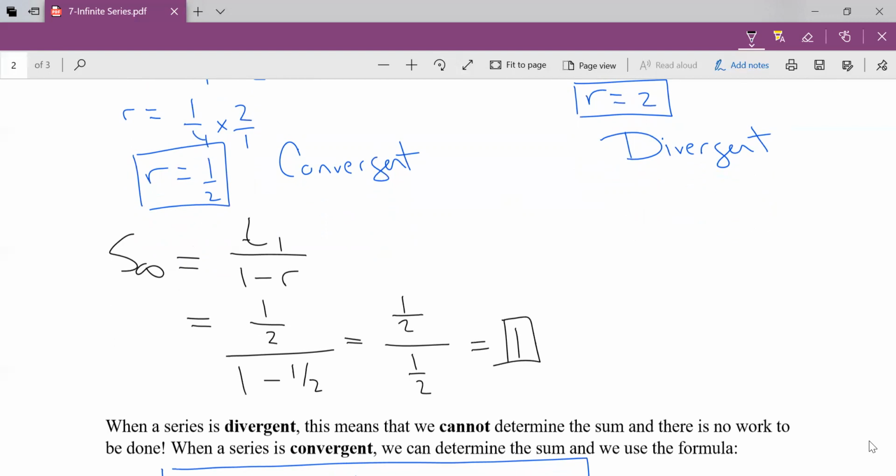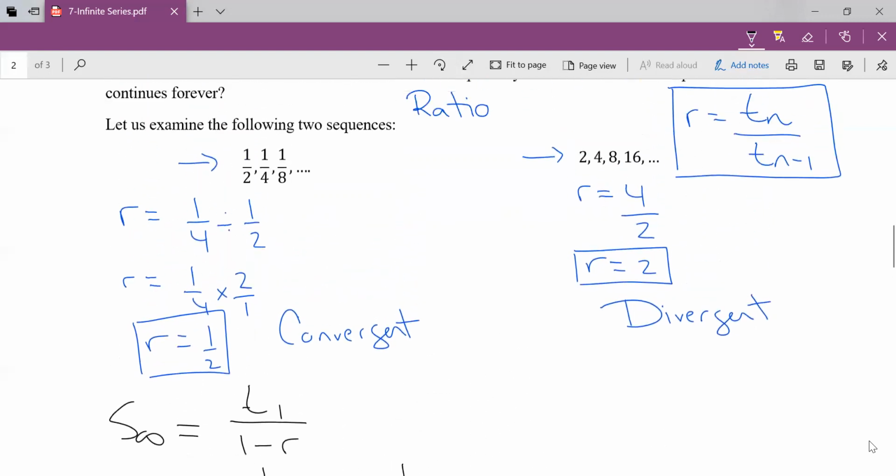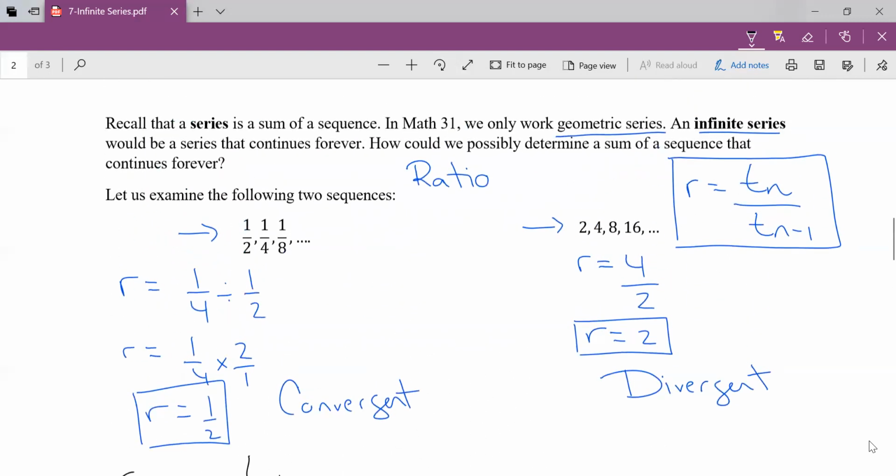Okay? So when you're finding the sum of an infinite sequence, if you even just add the first 3 or 4 terms together, so that's what I'm going to do here really quickly. If you add the first 3 or 4 terms together, this is already 0.875. That's pretty close to 1.